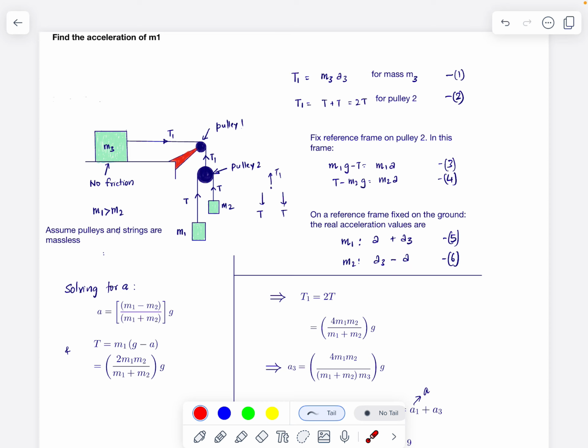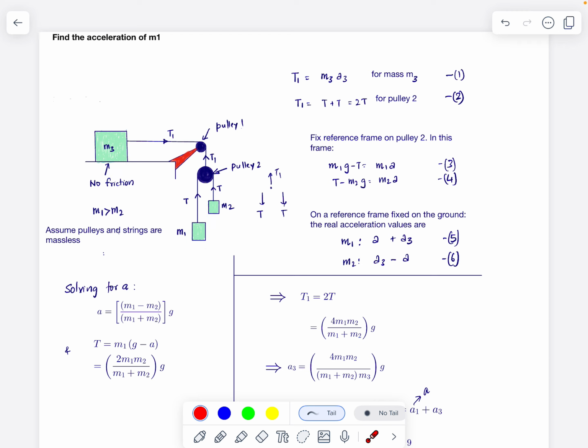The interesting thing is that using this kind of formalism allows us to better understand the problem and not worry about setting up kinematic equations that express the relationship between the real accelerations of m1, m2 and m3. So it helps us get around that problem.